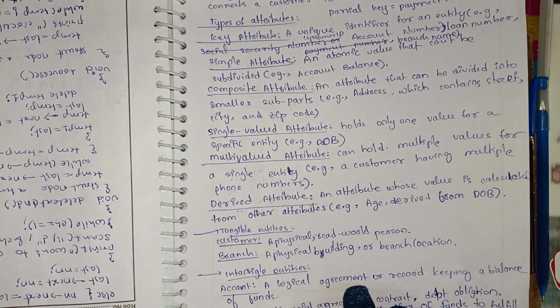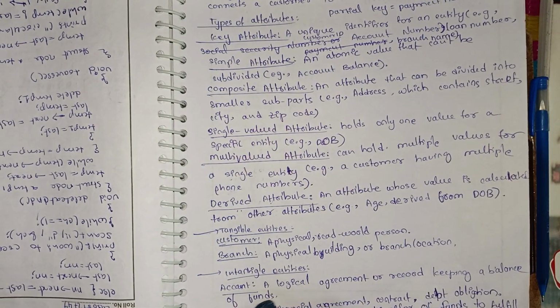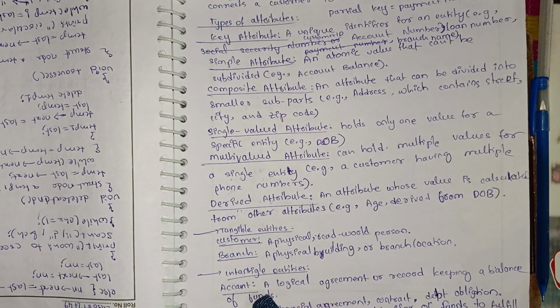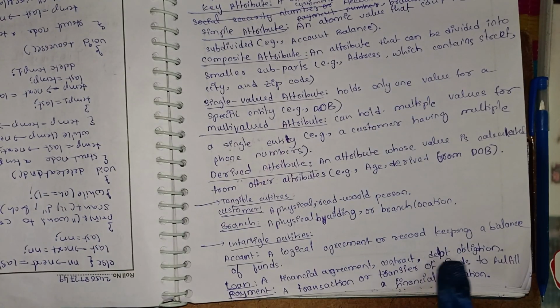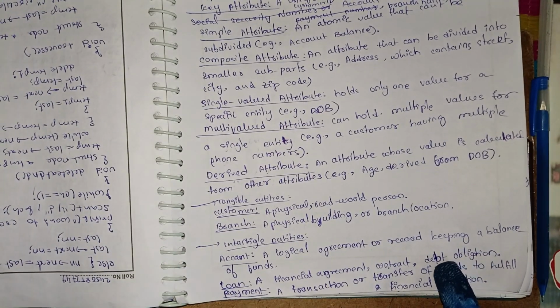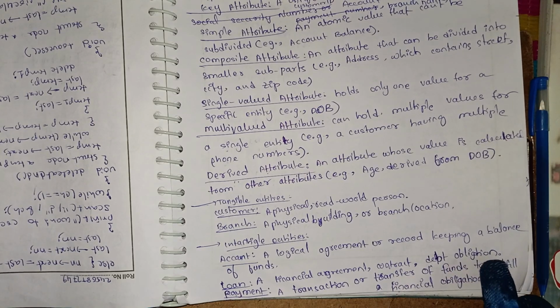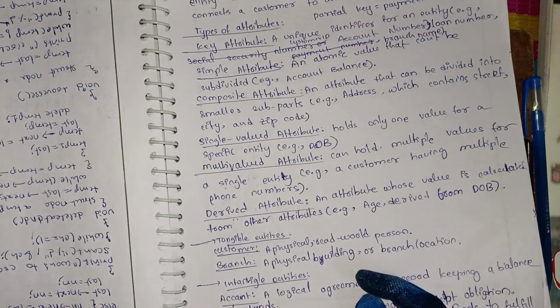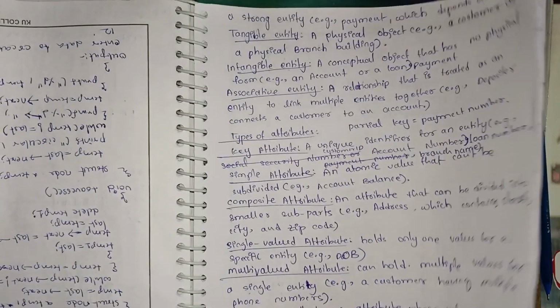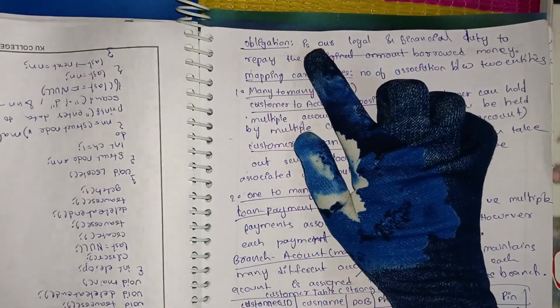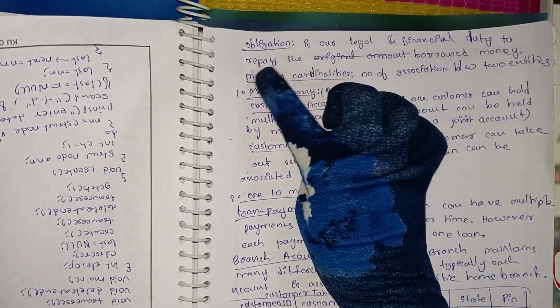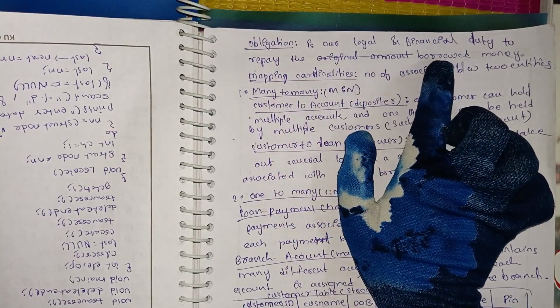And intangible entities: account is a logical agreement or record keeping a balance of funds. Loan is a financial agreement, contract, debt, obligation. Obligation means our legal or financial duty to repay the borrowed money.